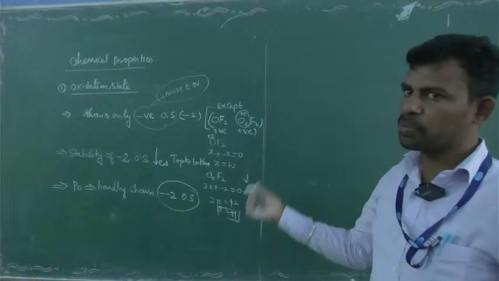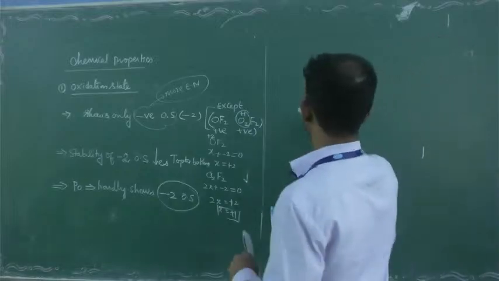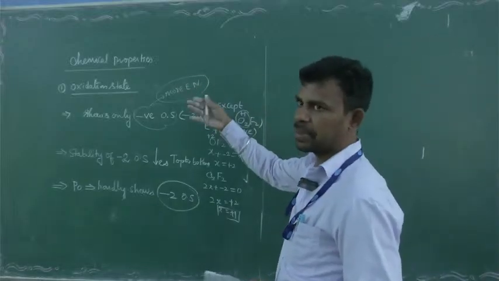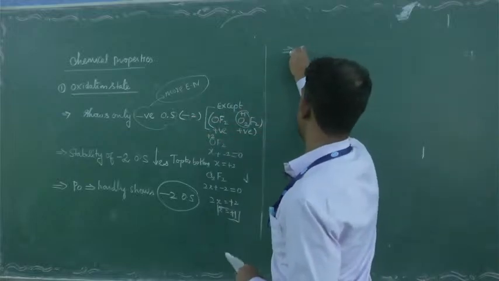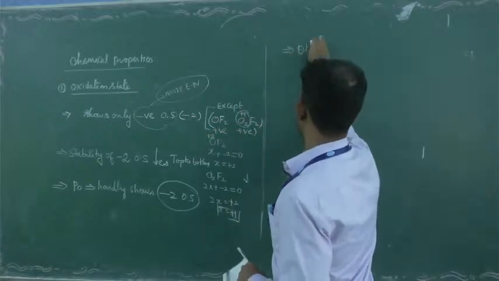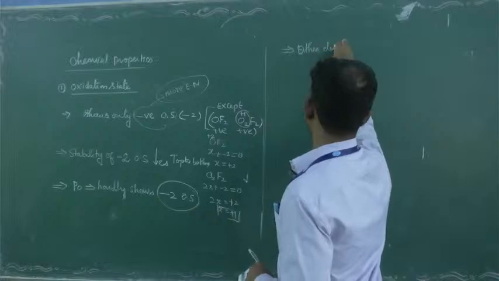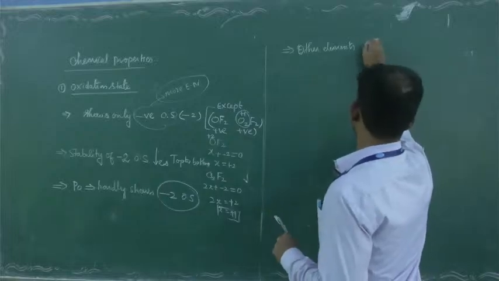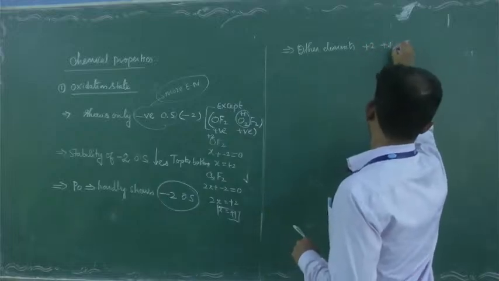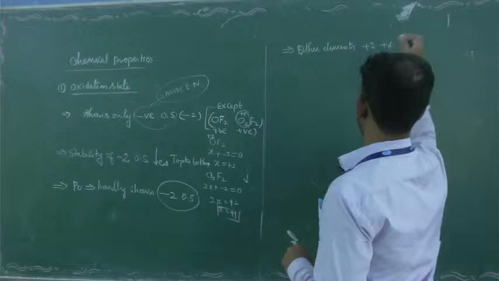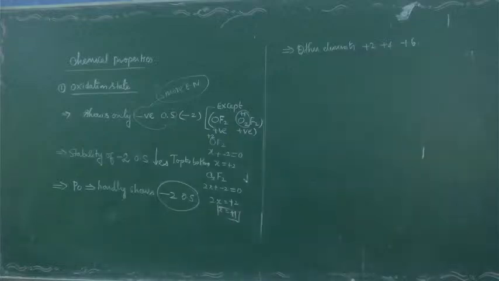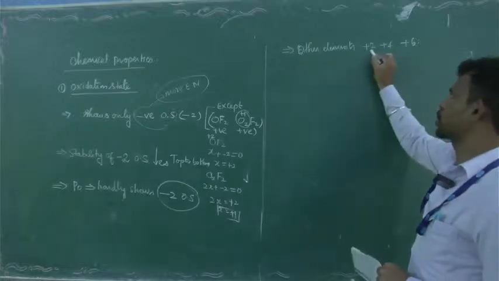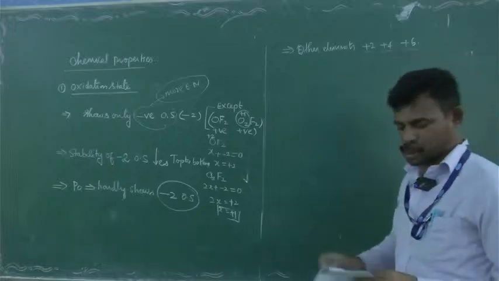Whereas the other elements in the group, for example sulfur, selenium and tellurium, can show plus 2, plus 4 and plus 6.